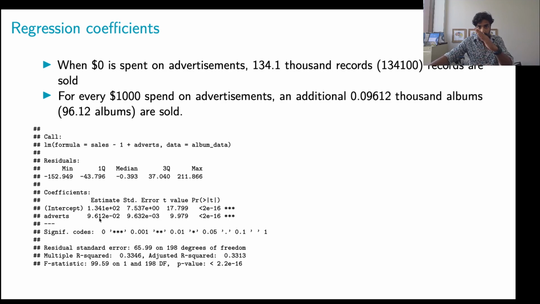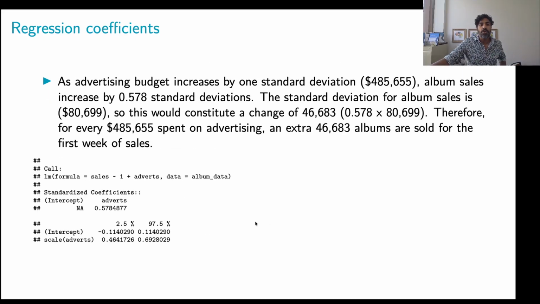That's the slope that we see. The standard error relates to the precision of that estimate relative to the true population. And then we have the t-value, which is the estimate divided by the standard error, and we use that to calculate the p-value. So when we're looking at regression coefficients, you may be able to assess what it is in standard units.